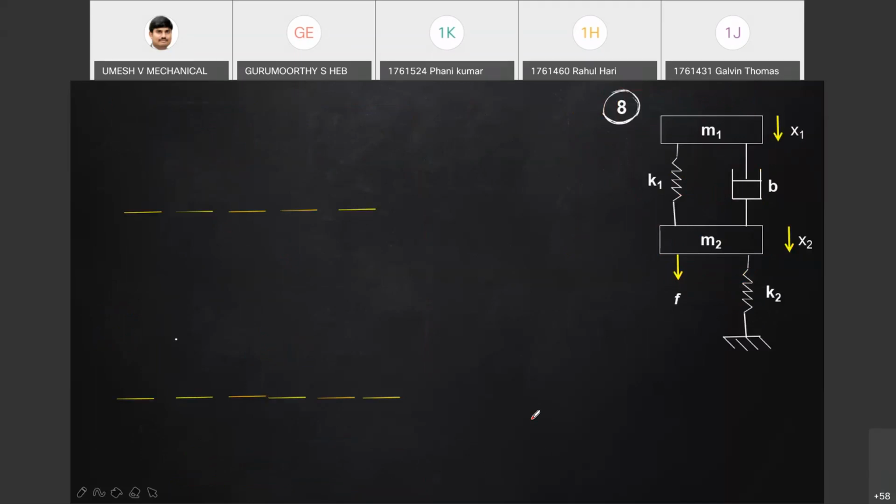9:35. Last problem for this class. Look at this 8th problem. Again, small.